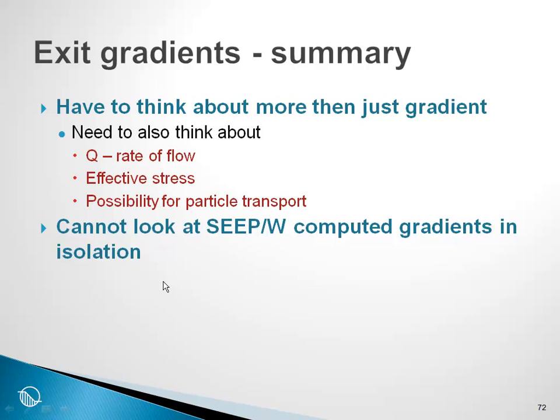We cannot simply go to SEEP, say View Results Information, click on an element, say that the gradient is 1 and therefore it's unacceptable. We have to look beyond that and judge the results more carefully than just accepting the computed results blindly, because as we've seen, it could be element size, or it could be the geometry of the problem. All of these things need to be considered.